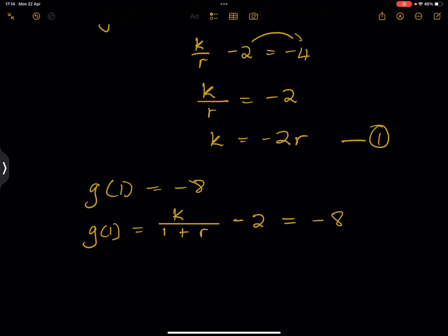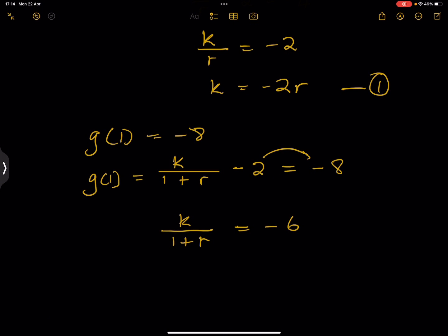So now we've got another equation. That's k over 1 plus r, and if I take that to the other side, it becomes positive, and so I've got negative 6. If I cross multiply, k would be equal to minus 6 into 1 plus r, and this is equation 2.